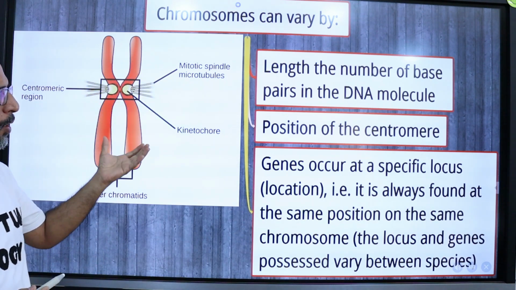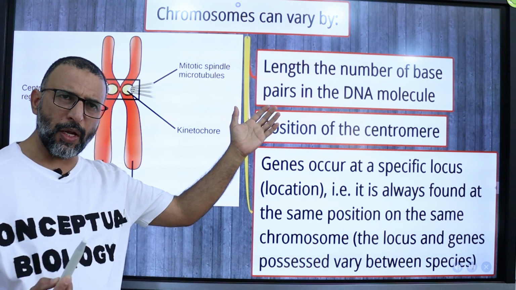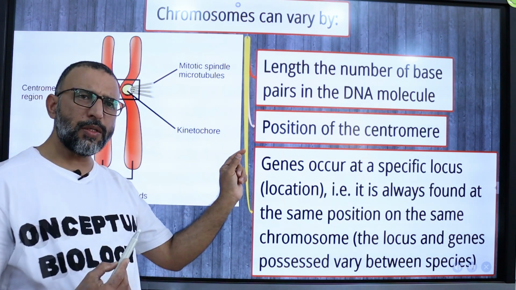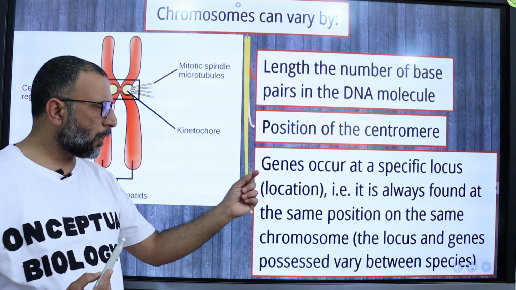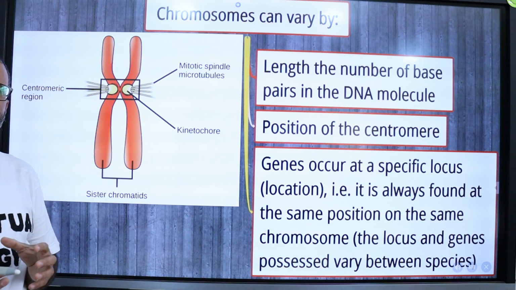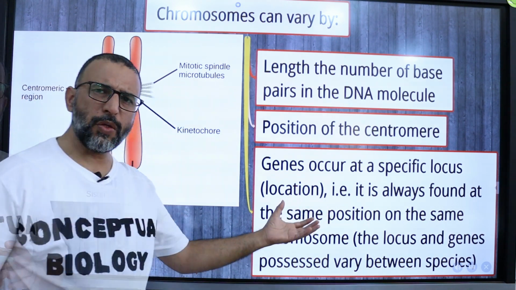Chromosomes can vary by length, the number of base pairs in DNA molecule, position of centromere, and genes occur at a specific locus or location. That is, it is always found at the same position on the same chromosome. What is locus?